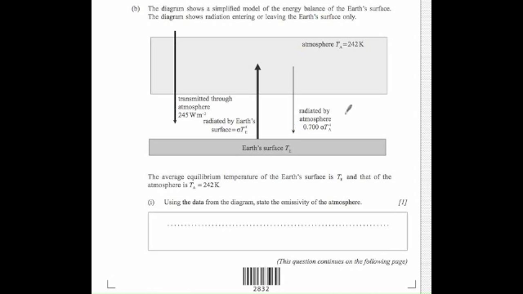And we know that the power radiated by something, if it's not a perfect black body, is the emissivity times sigma A T to the 4. So comparing that equation to what's given here, we can see this 0.7 represents the emissivity.